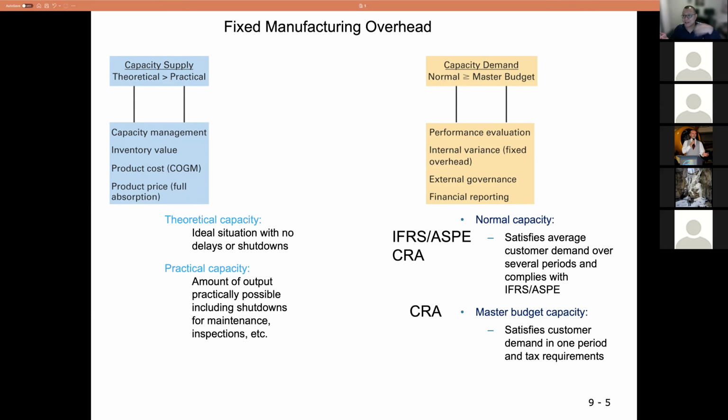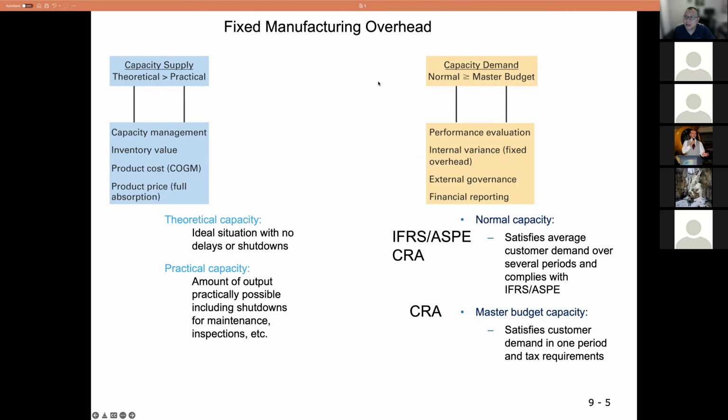Remember that, in the earlier chapters. You learned this even in the 2400. In order to find out the rate, you use the cost divided by a level of activity. So that level of activity is sitting at the denominator.